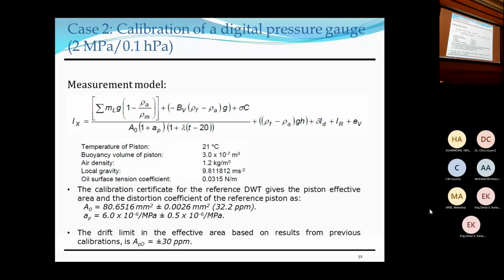So what does this say then? That the indication of the pressure device is equal to the generated pressure by the deadweight tester plus any difference in height between the two.